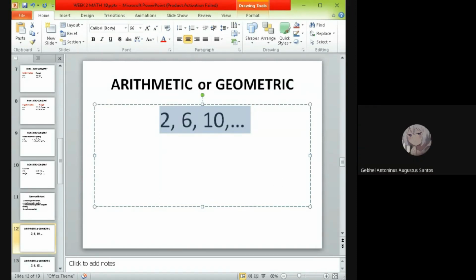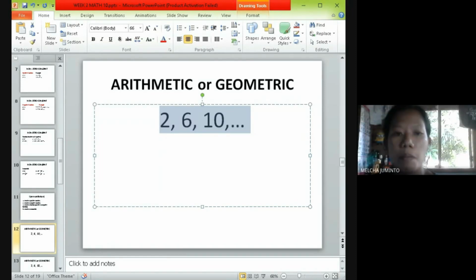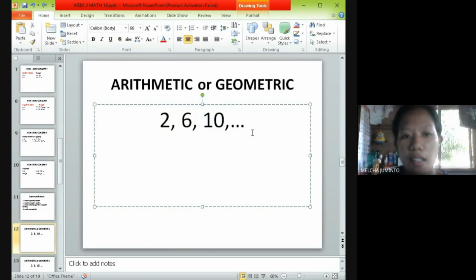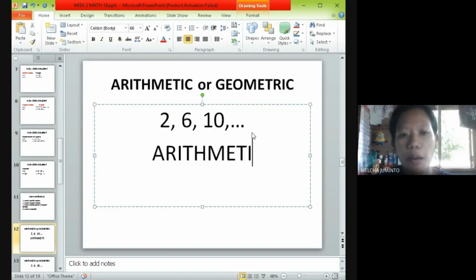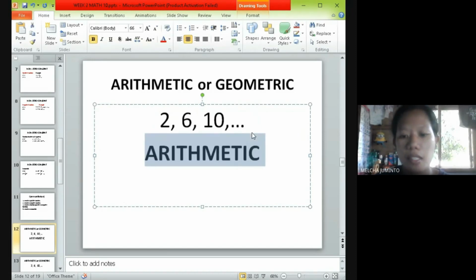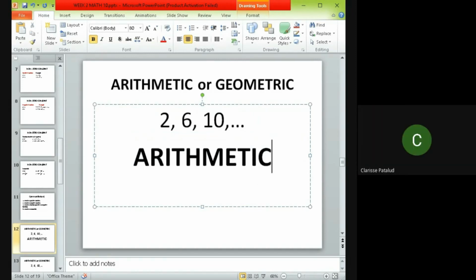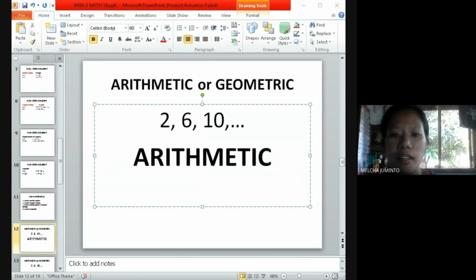Arithmetic po. Okay. Correct. Very good. So you can type your answer sa chat box or you can simply unmute your mic. Correct. This sequence is an arithmetic sequence. Why? Or how did you determine that this is arithmetic? Nag-add po ng 4. Yes, si Ivan.